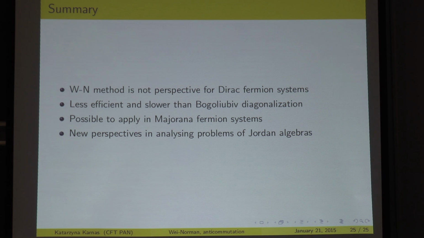Any more questions? I have a question about this first part, because maybe the conclusion is not so bad as you show us. What about interacting systems, when this Bogoliubov diagonalization cannot be done simply? Maybe your method can be applied to non-quadratic Hamiltonians?